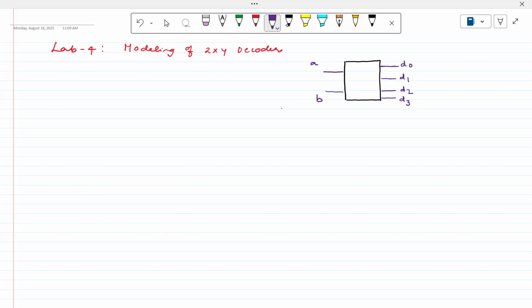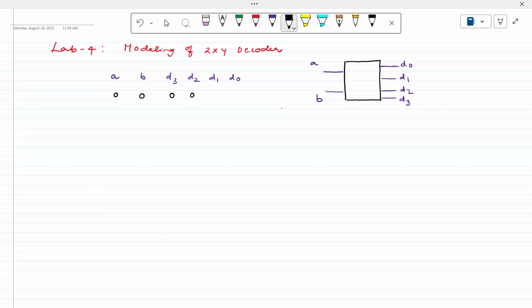So let me write the truth table here also. If this is the A here and B here, let me consider D3 is my MSB bit, okay? And D0 is my LSB. So D3 is MSB and D0 is LSB. Now, if you apply 0, 0, what will happen to this?